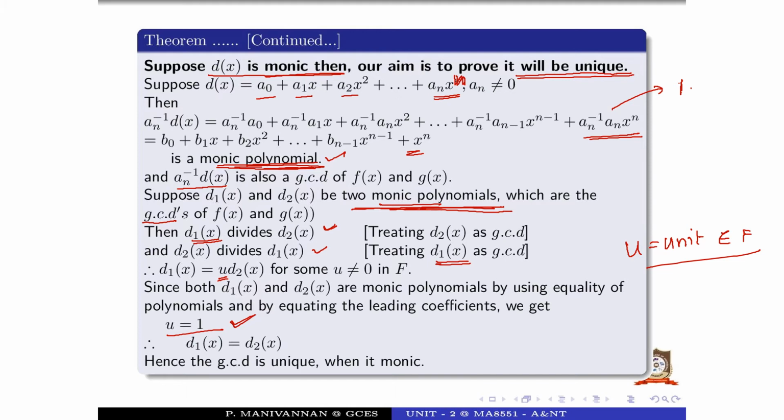Therefore, d1 equal to d2. Therefore, GCD is unique when it is monic. Hence the proof.